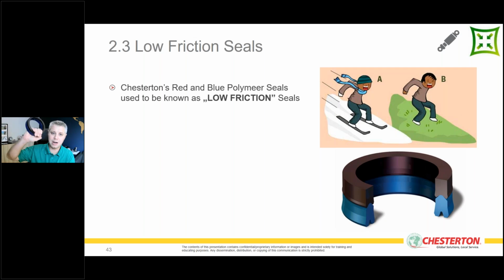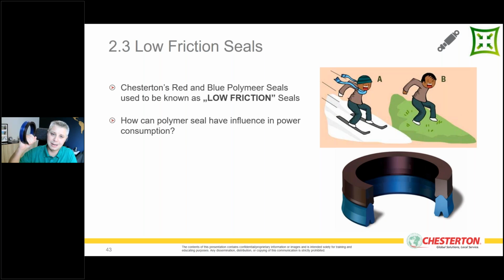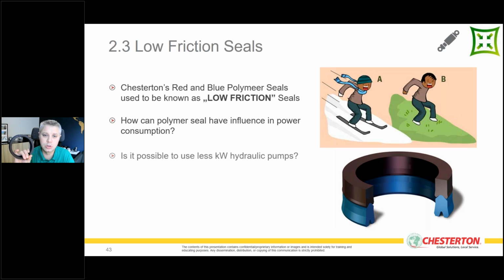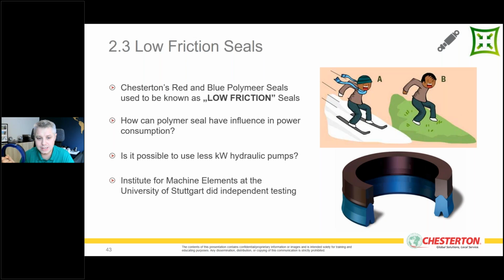The question is how we can achieve a better utilization of power, less power consumption, using modern self-lubricated low friction seals. This is the question: how it influences, how we can cut down the kilowatts which are used. I want to share with you the lab testing with the Institute of Stuttgart, which did testing of our seals.